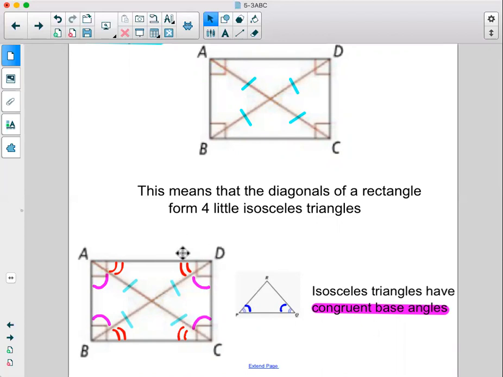Here at each corner, these two angles are complementary because of the definition of a rectangle, which says this corner angle, ADC, is a right angle. The diagonal breaks it into two little parts, and they are complementary. And in the isosceles triangle the base angles are congruent. Isosceles triangle, base angles congruent, only in the rectangle.